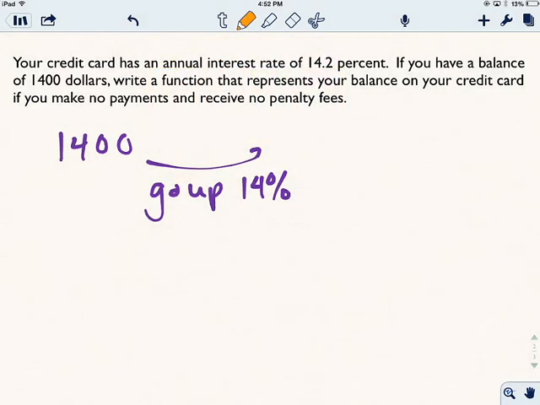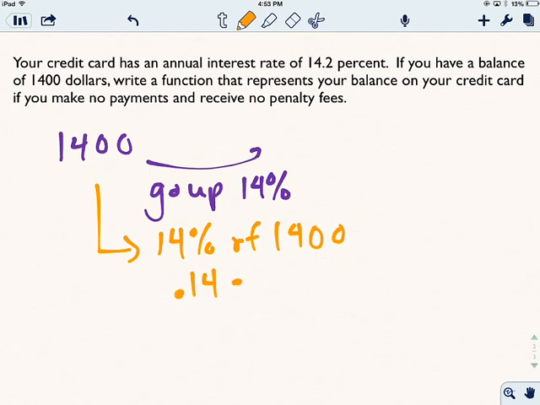Let's make a couple of calculations here. Well, we need to know what 14% of 1,400 really is. In order to do that, that's going to be 0.14 times 1,400, which is equal to 196. That's just a thing you need to remember when you find the percentage of something: you take the decimal form of the percent and multiply it by the total.